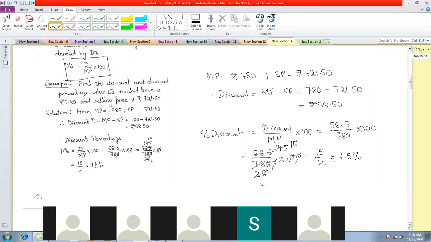So how much was the discount percentage? Discount percentage was 7.5%. Whether you say 7.5% on 780 rupees or 58.5 rupees, they are the same, different methods of expressing.